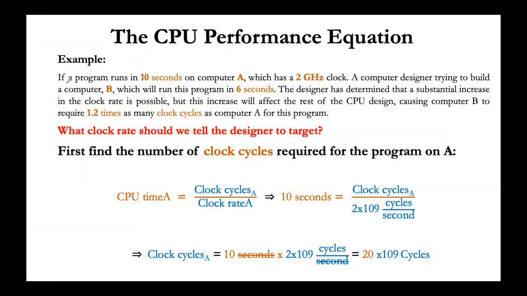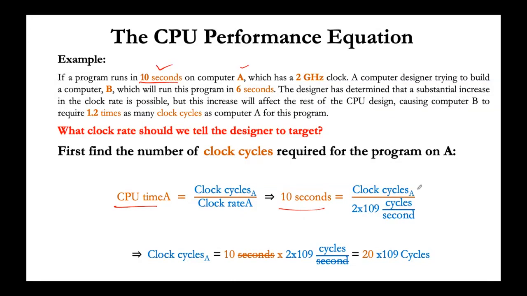From here, it is given that a program runs in 10 seconds on A, which has a 2 GHz clock. So the execution time of A is 10 seconds.